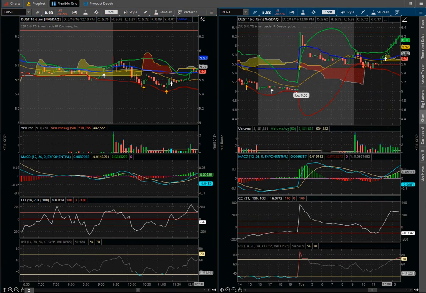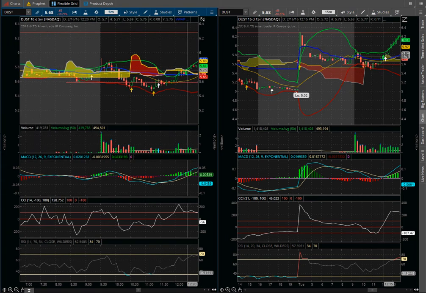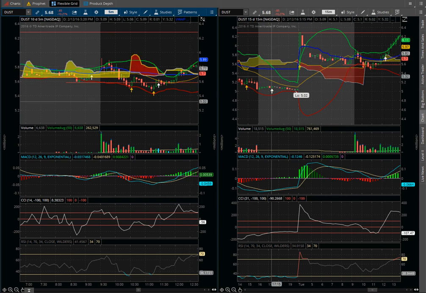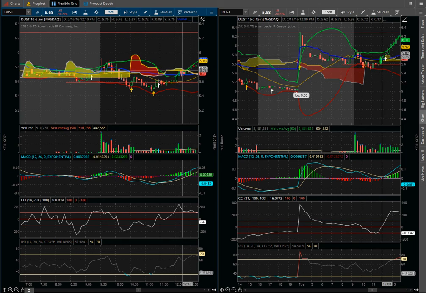And there's the other important thing. When we broke the Ichimoku cloud on the 5-minute chart here at 5.75, we also broke the Ichimoku cloud on the 15-minute chart. So not only are we in bullish territory on the MACD, we're in bullish territory on the Ichimoku cloud, on the 5-minute, and on the MACD on the 5-minute chart.